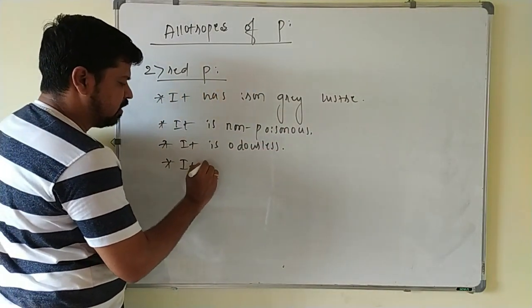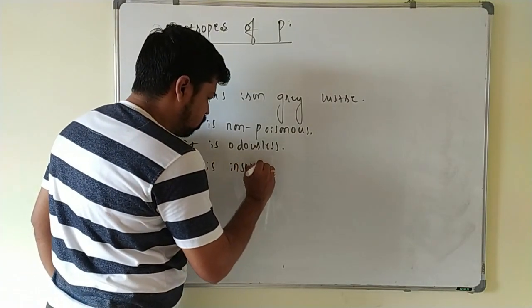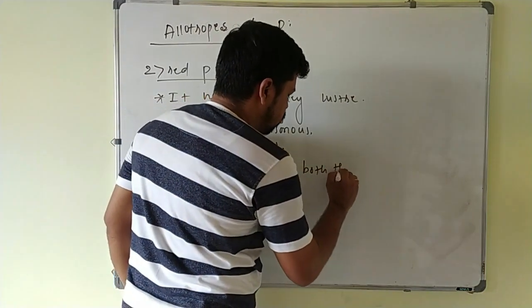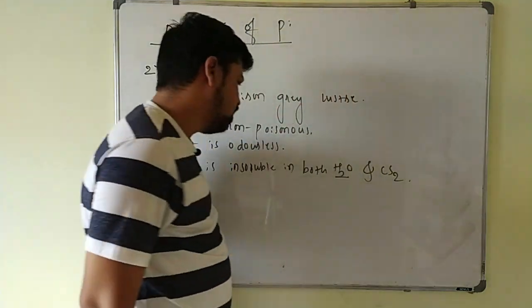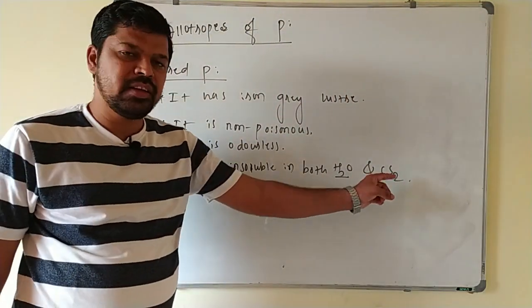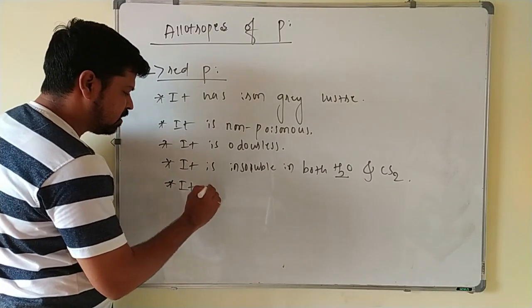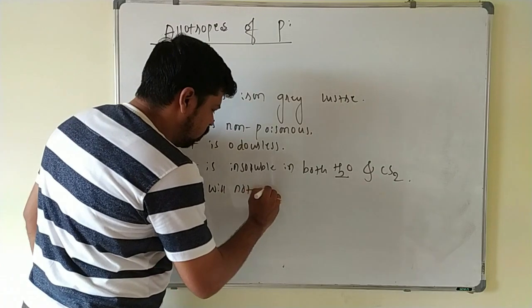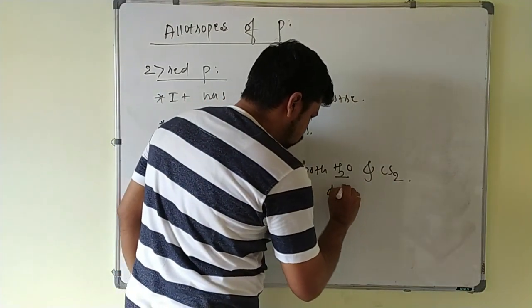Next point is it is insoluble in both water and CS2. It is not soluble in both water and CS2. And the very important point is it will not glow in the dark.